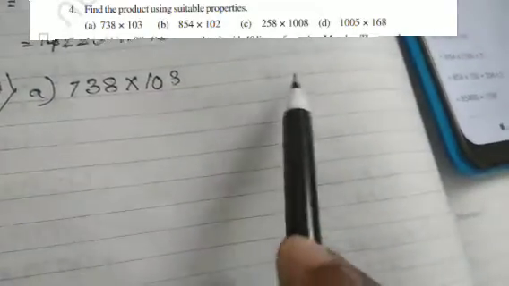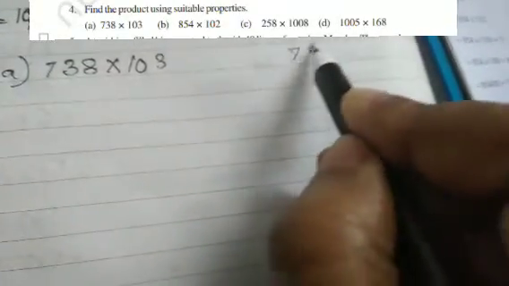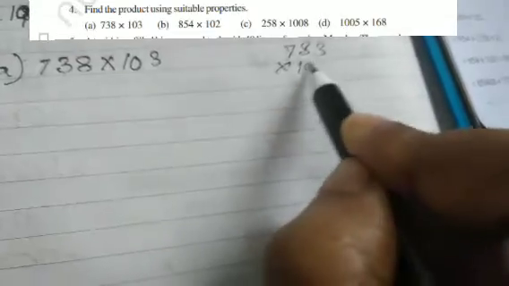Alright. Now if you go to question number 4, it tells me in the first question to multiply 738 into 103. I can multiply 738 into 103 as we do, and then multiply this, a long process.